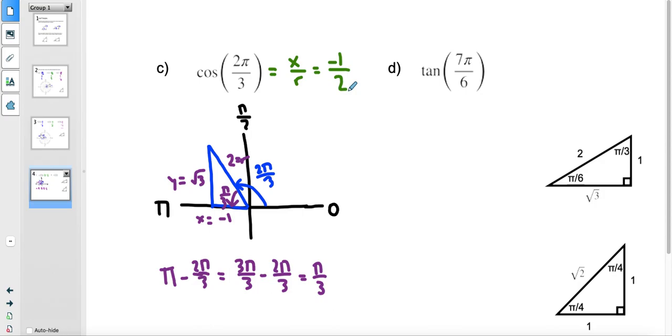Okay, last example. Tan of 7 pi over 6. Again, I'm going to start by drawing out my angle. Now I know, 7 pi over 6, I should draw my angle between pi and 3 pi over 2, because 7 pi over 6 is between pi and 3 pi over 2.